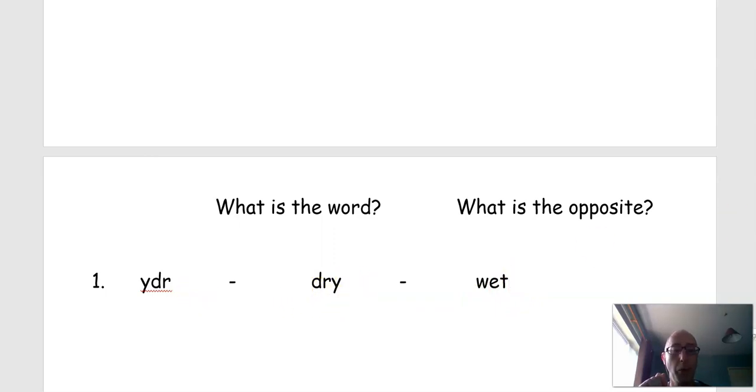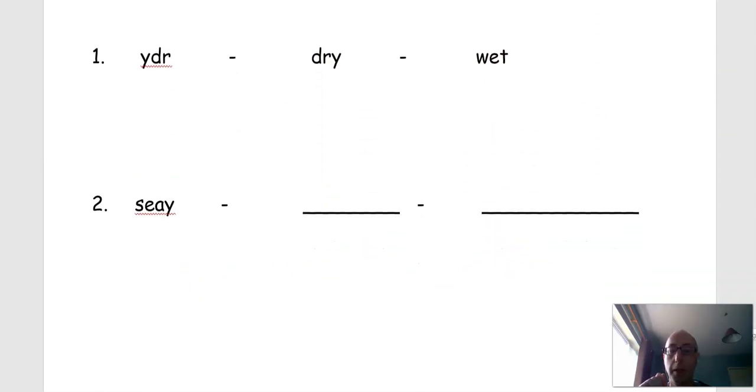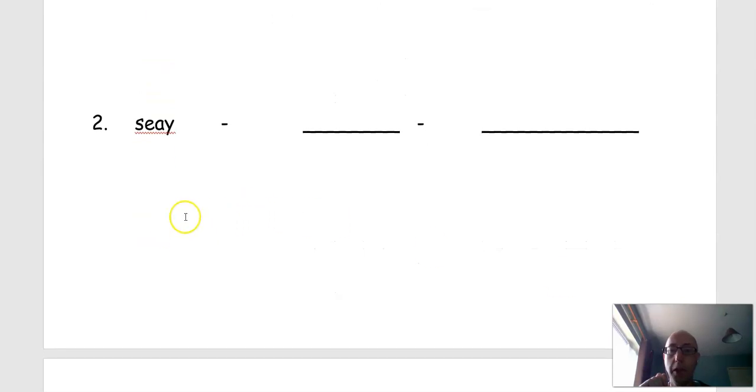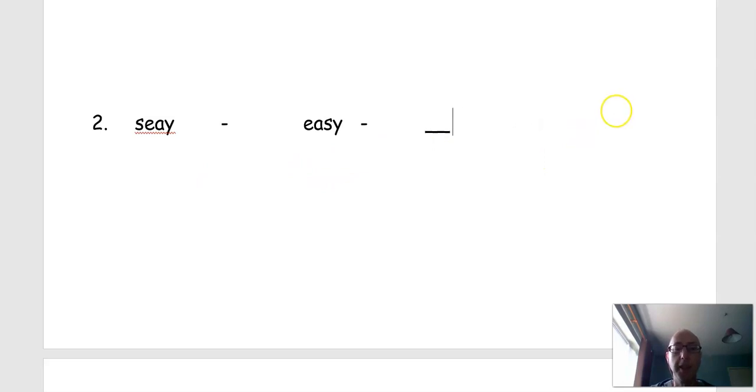Let's do the same with number 2. What's this word? Which one of our words is it? We have an E. It starts with an E. What's the next letter? A. Can you get the word? S, Y. Easy. Good.